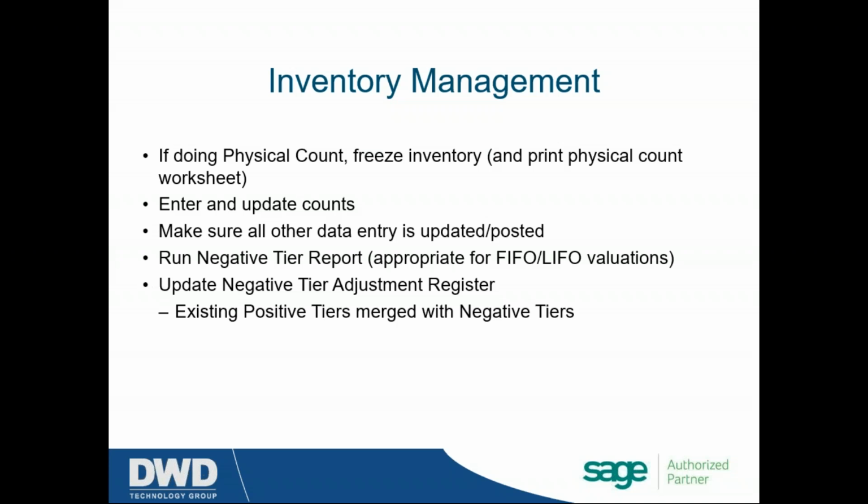Here's another thing to note: you can continue to enter PO and sales order data when your inventory is frozen. The system will allow you to do that. If you do, you then have to adjust your counts, either to include anything you sold on a sales order or exclude anything you just received on a purchase order, because those do not update the frozen inventory count, since it took a snapshot at that time.